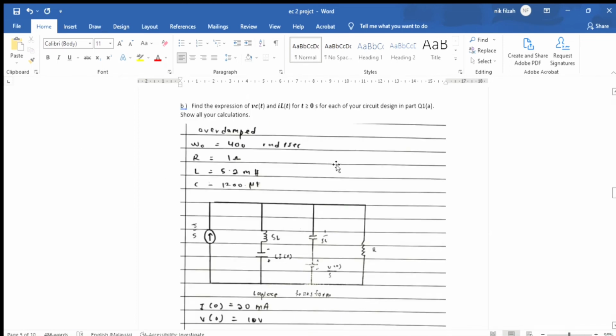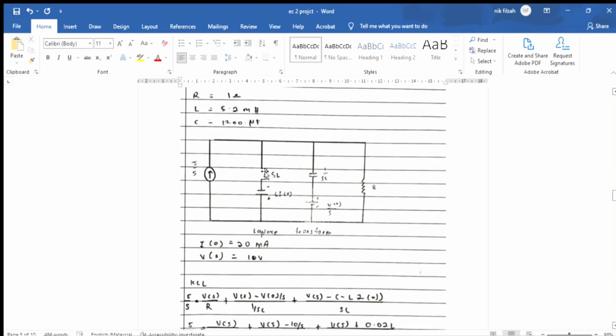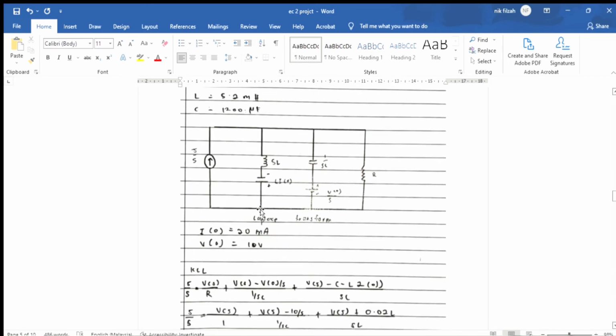Okay, so for B is find the expression of VC(t) and IL(t) for t greater than 0 for each of your circuits designed in Q part A. For the overdamped, omega equal to 400 radians, R equal to 1 ohm, L equal to 5.2 mH and C equal to 1200 microfarad.